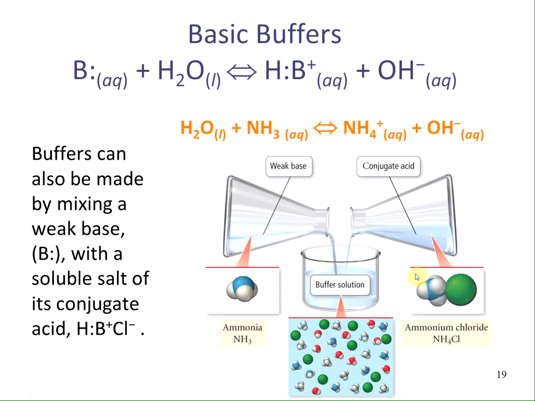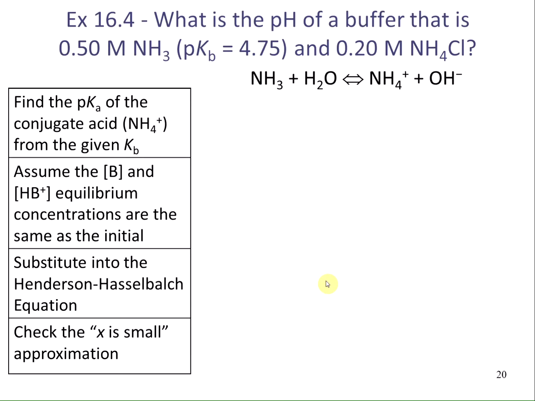So when we add the conjugate acid and the weak base, we get a buffer system that has a basic pH. In this problem, we're asked to find the pH of a buffer that is 0.5 molar ammonia, and they give us the pKb of the ammonia, and in that buffer there's also 0.2 molar ammonium chloride.